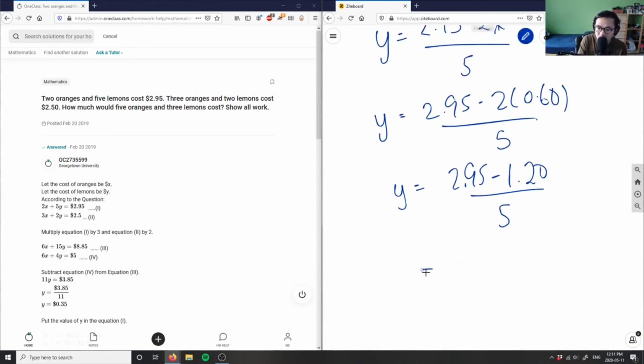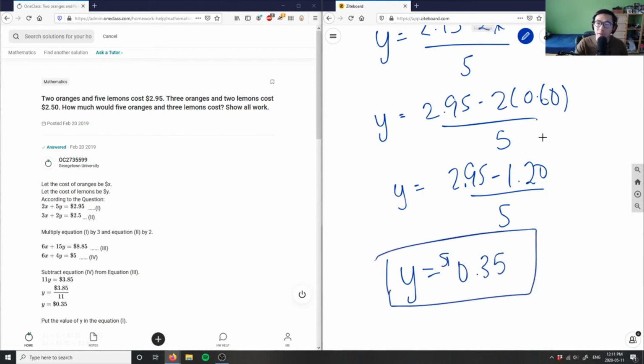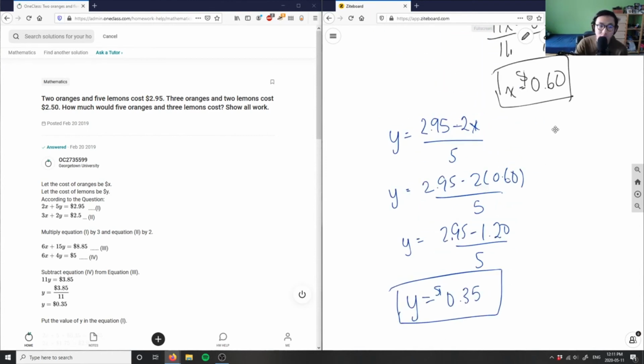Then y equals 2.95 minus 1.20 divided by 5, and this gives me a value of 0.35, 35 cents. So therefore, my cost of lemons is 35 cents, and the cost of oranges is 60 cents.